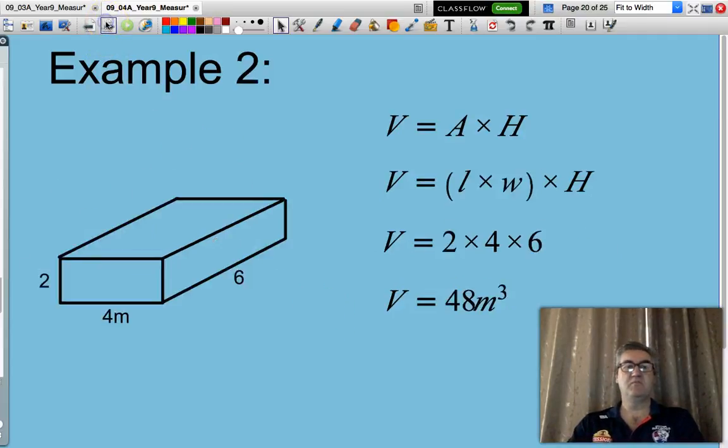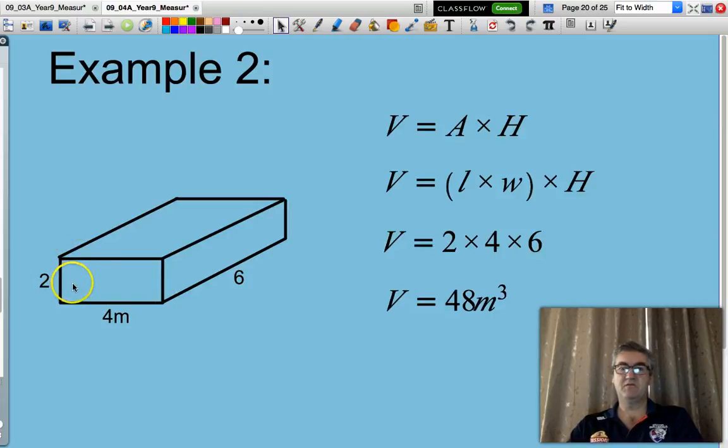Let's look at the next one. Again, if I cut this along here, I will maintain a rectangular prism. So what I need to do, calculate the area of the base there.